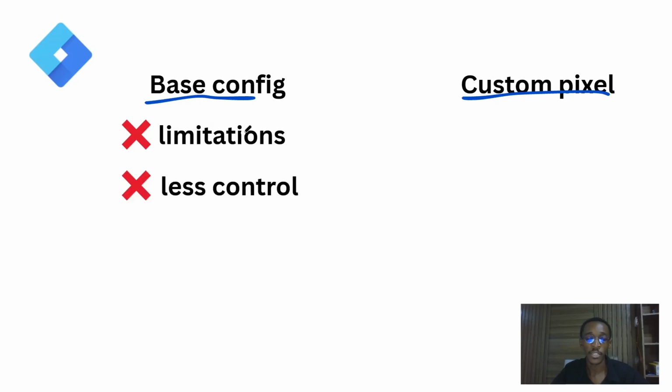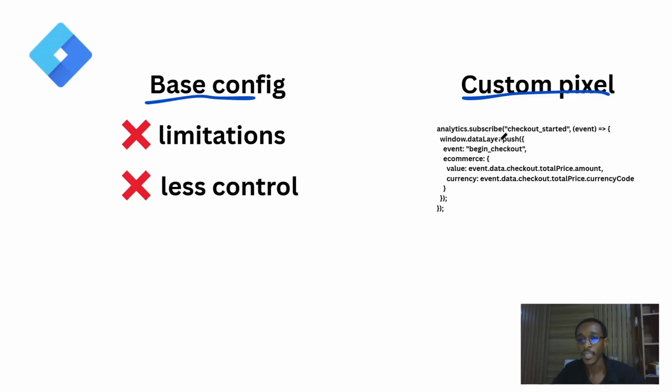They have limitations and lesser control of what you can send down to Google Tag Manager. So once you set this base configuration, all you get is the standard events that Shopify sends down to Google Tag Manager. But if you need more custom events like checkout started or purchase or product view, you would have to set up a custom pixel in Shopify.